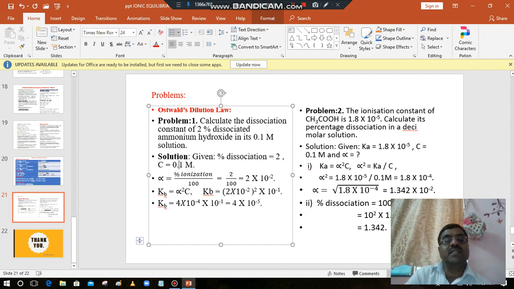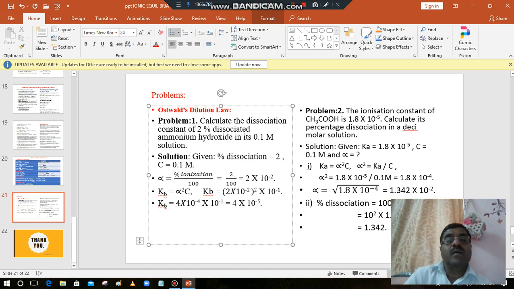The formula applied for this is alpha is equal to percent dissociation, percent ionization, by 100. Percent ionization is 2 and divided by 100, therefore it becomes 2 into 10^-2.